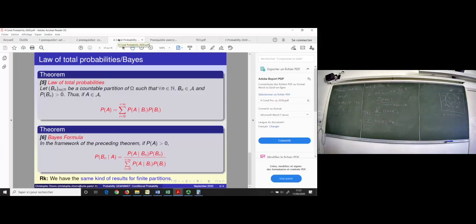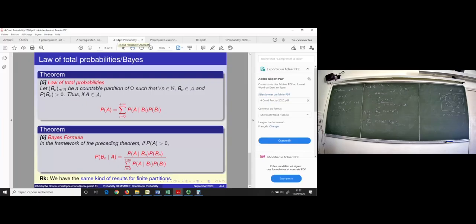So it's what we call the law of total probability. The way to use it in general is to say, I am able to compute this one, so I will compute this one. We are going to see an example, and we are going to do exercises concerning this next week in list 3 of exercises.